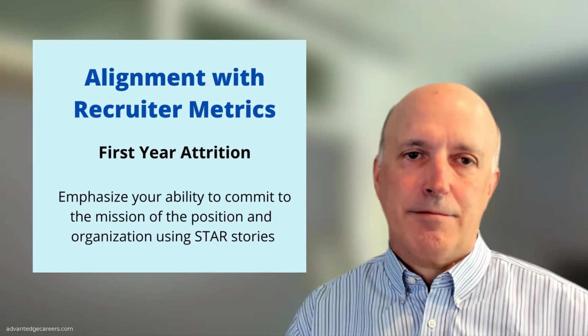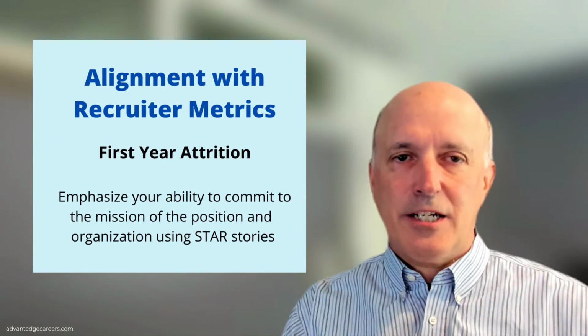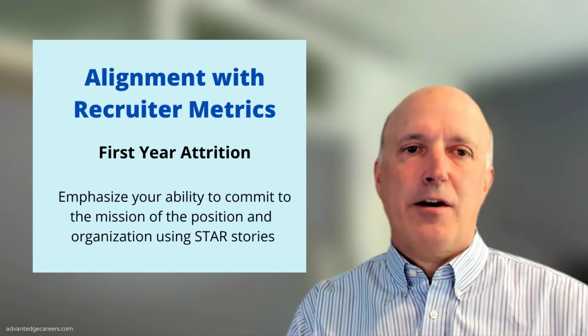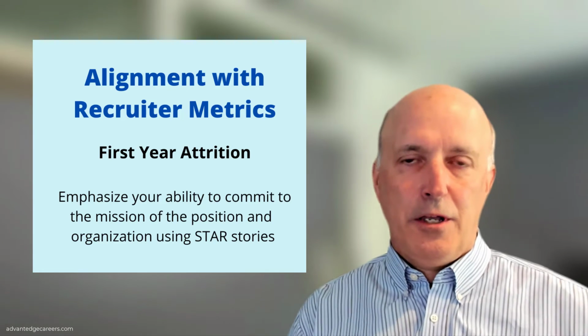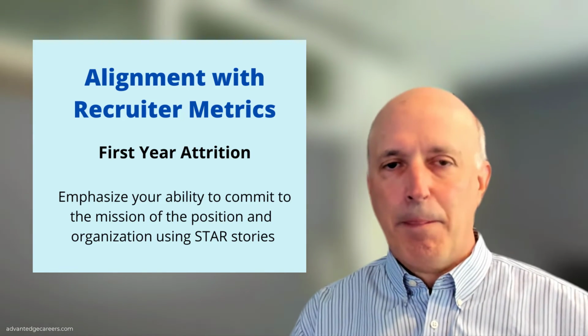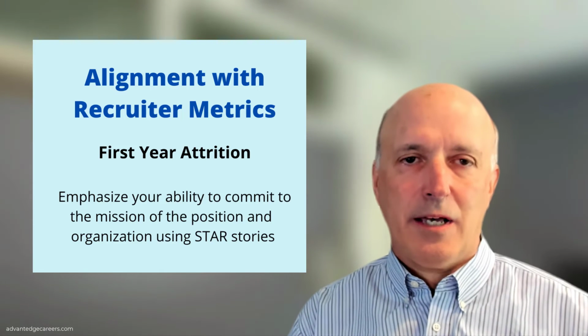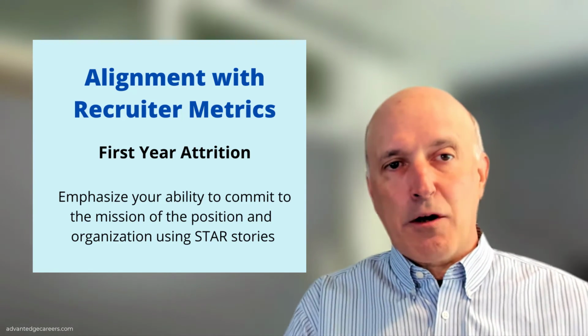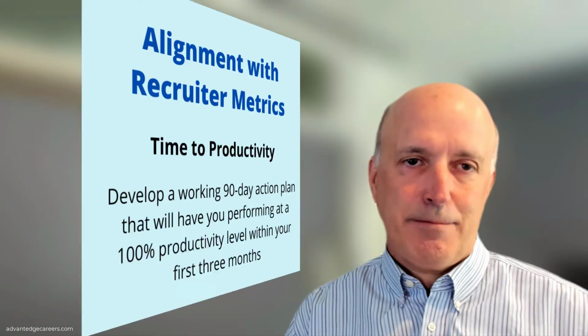First year attrition. Talk about how the position and the organizational culture align very well with your goals. You want to emphasize your ability to commit to the mission of the position and the organization and support that with STAR stories and evidence from your career or your education up to this date. Time to productivity.